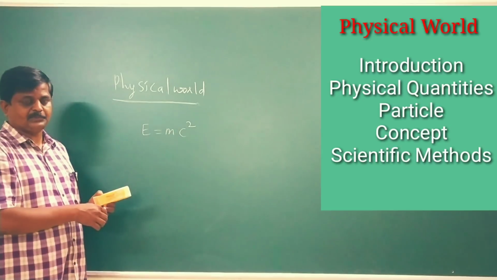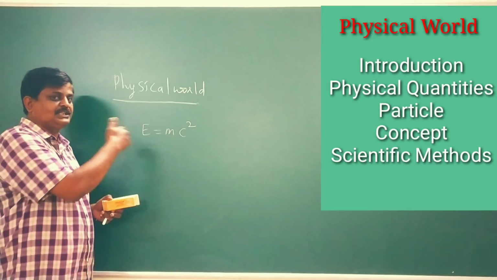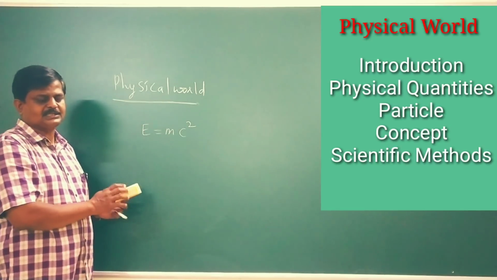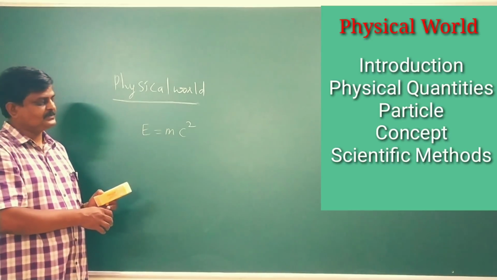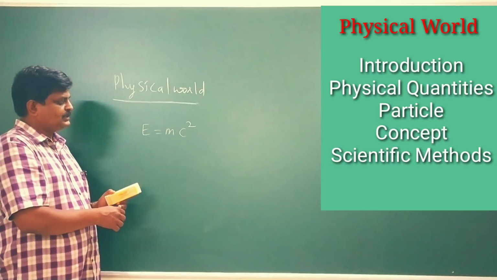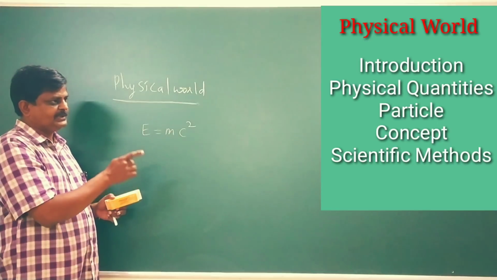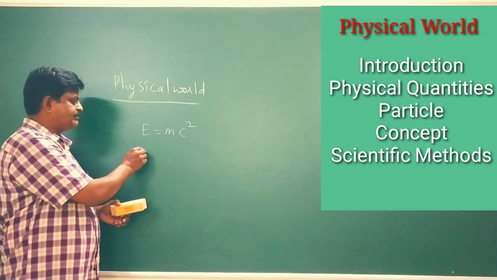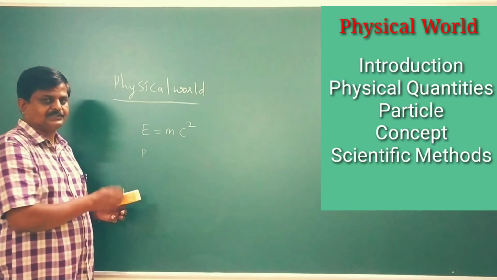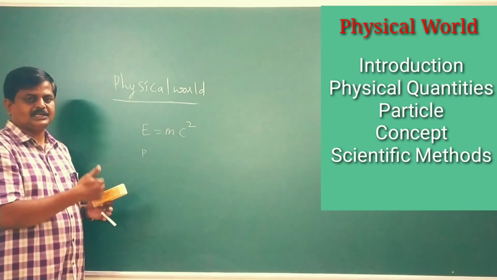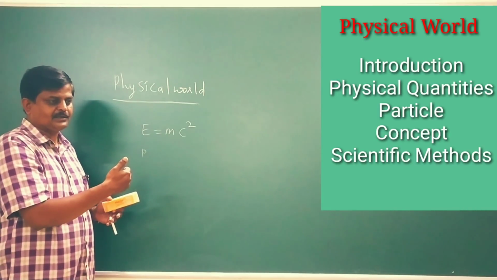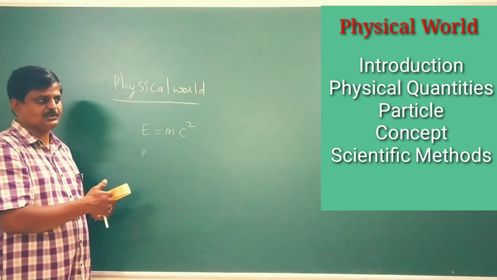Do you know the example for conversion of energy into mass? Very rare examples you will find in the universe. One example to illustrate conversion of energy into mass is pair production. That is, when a gamma ray undergoes decay, it is known to emit two particles.